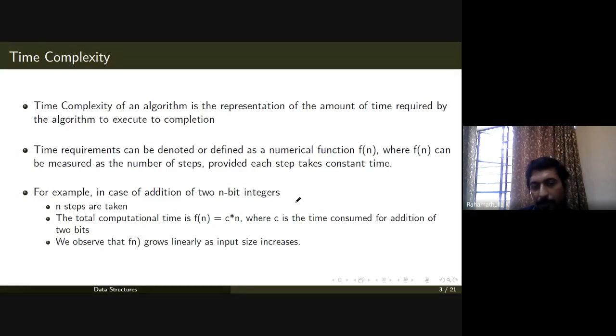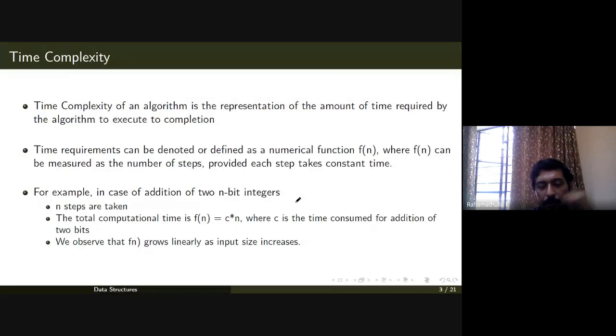Meaning that the value of f of n is going to increase linearly as the input size n increases. So we denote it by using order of n. Order of n means linear to the input size. So that's the definition and explanation about space complexity and time complexity.